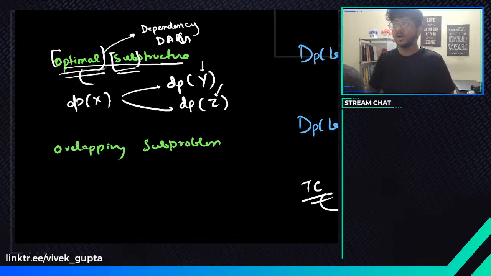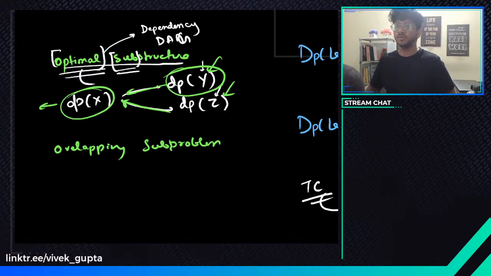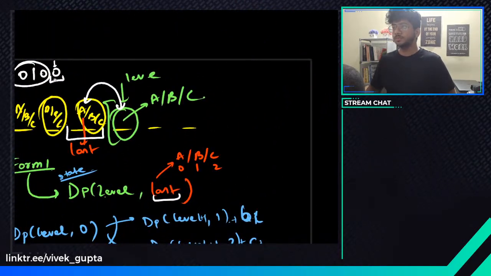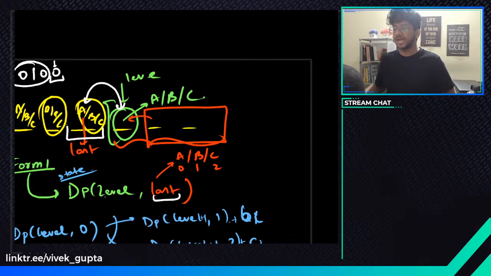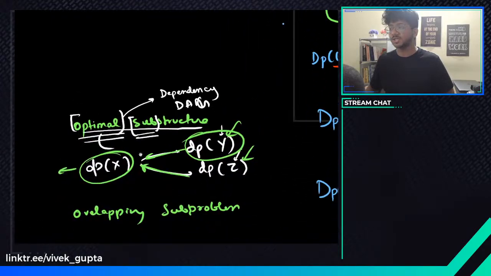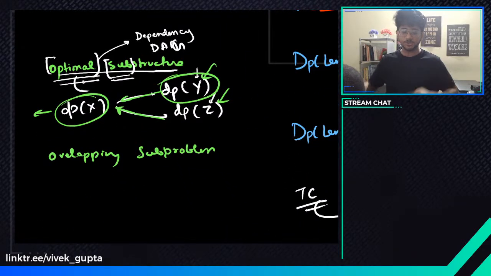Optimal means whatever is the optimal solution over here and over here should be merged to get the optimal solution over here, not any other solutions. Like, the best you can do over here is what will lead to best doing over here, right? In fact, let's go back over here. The best you can do post this much, in the level plus 1 forward, is what is going to give you the answer for dp of level, right? The best you can do from level plus 1. So if you merge the bests to get the best, then that is what is called optimal substructure property.